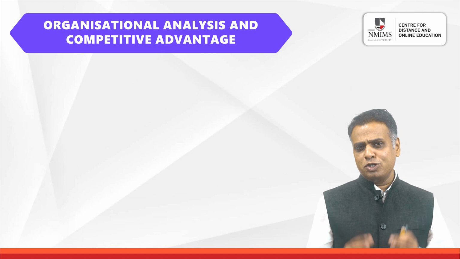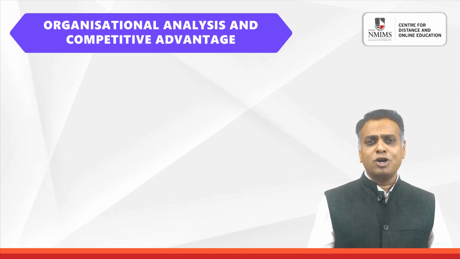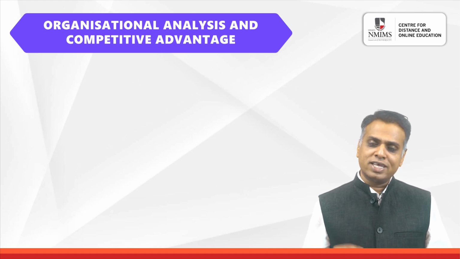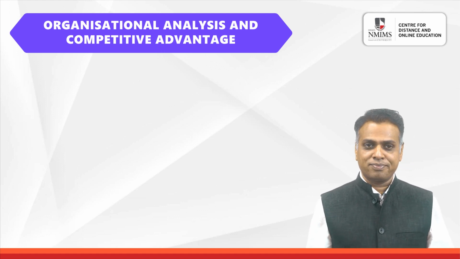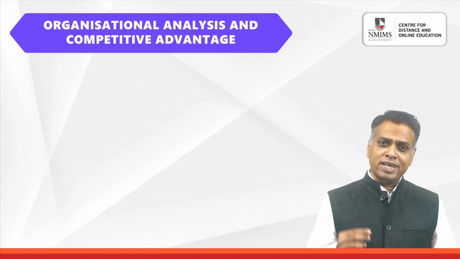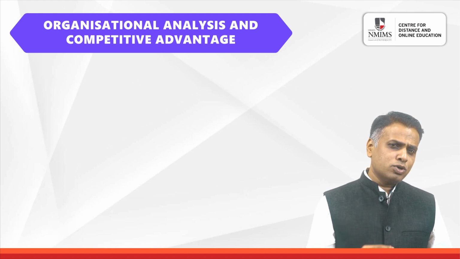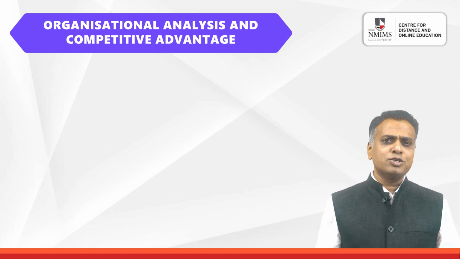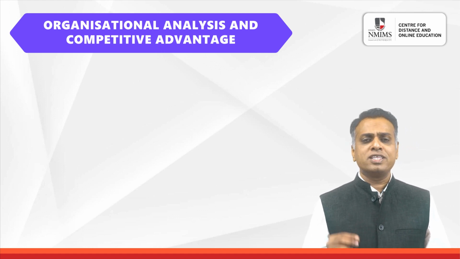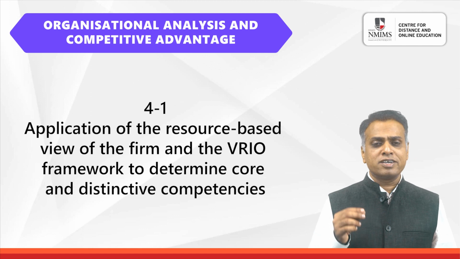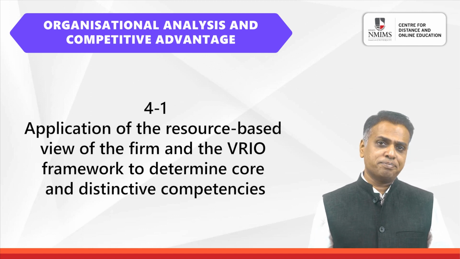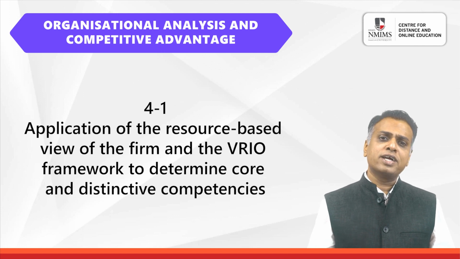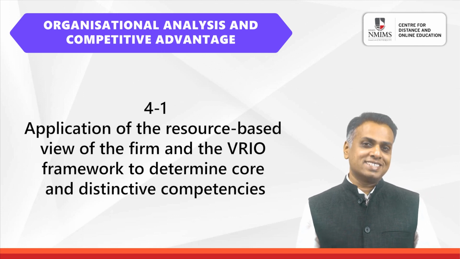And I am sure you are waiting for me to tell you how many sections are there in this particular chapter. So, there are 6 sections. Now, let me tell you about each section in brief. In section 1, you are going to study about the application of the resource based view of the firm and the VRIO framework to determine core and distinctive competencies.